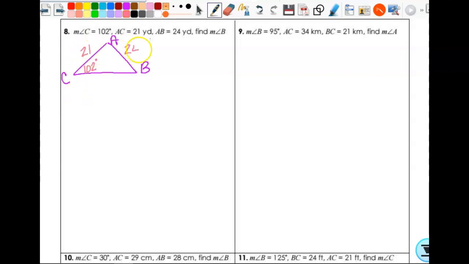AB is 24. I am looking for angle B. So my theta is across from 21, so when I set this up, I will have the sine of theta over 21 equals the sine of 102 over 24.